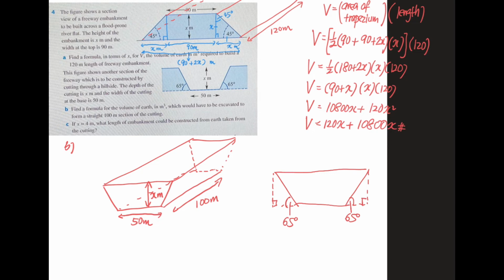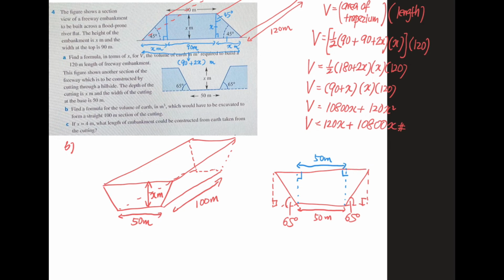So the bottom is 50 meter. So again, I'm going to add two lines. One is here, another one is here. So that you can see this is a rectangle, and hence here is also 50 meter. Same with the bottom. So this is 50 meter, the bottom is also 50 meter. Then when they come to here, we need to find this out.